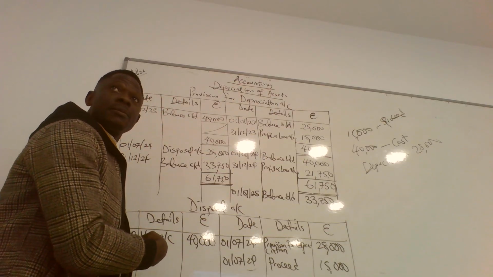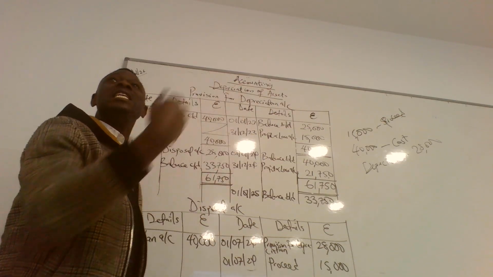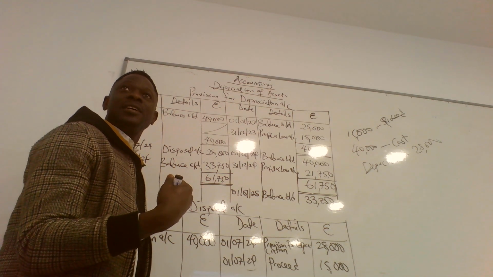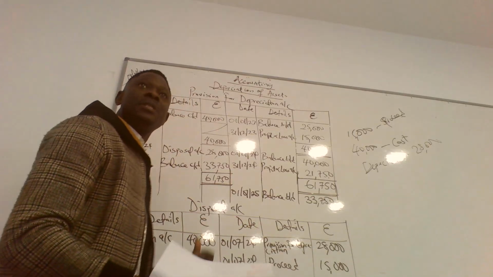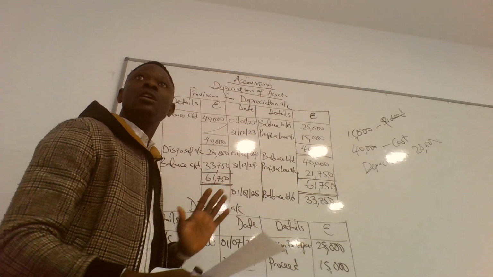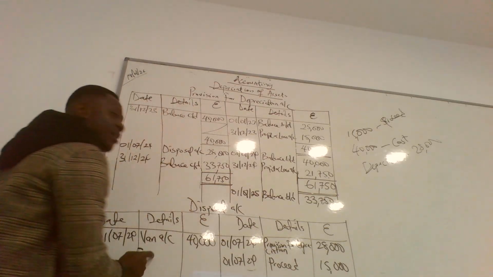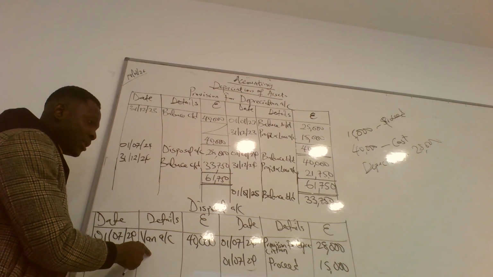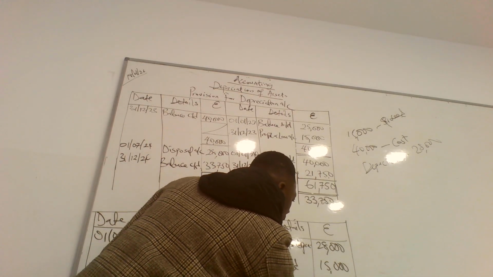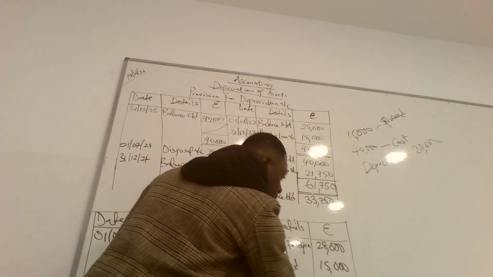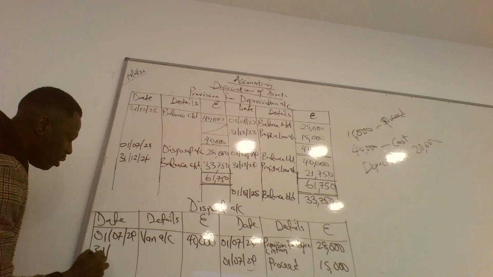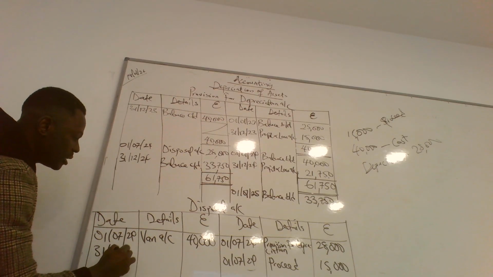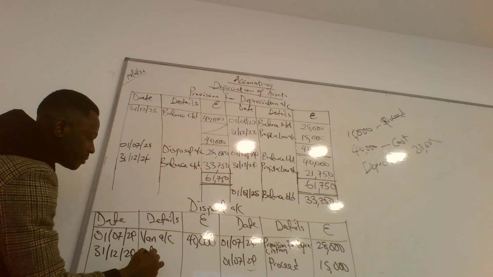Yes or no? The credit side is greater than the debit side. That is income. So that means there's income there. So the balance here will be here, because this is 43,000. So here we're going to have 31/12/24, balance.